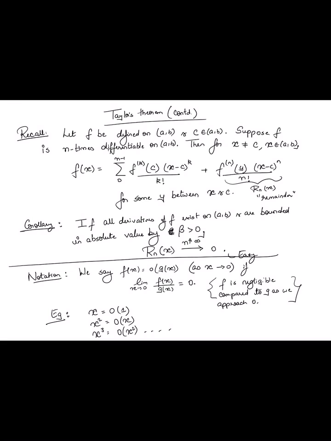And so on. Now using this little o notation, we are going to interpret essentially the error or the remainder associated with Taylor's theorem. So back to Taylor's theorem.